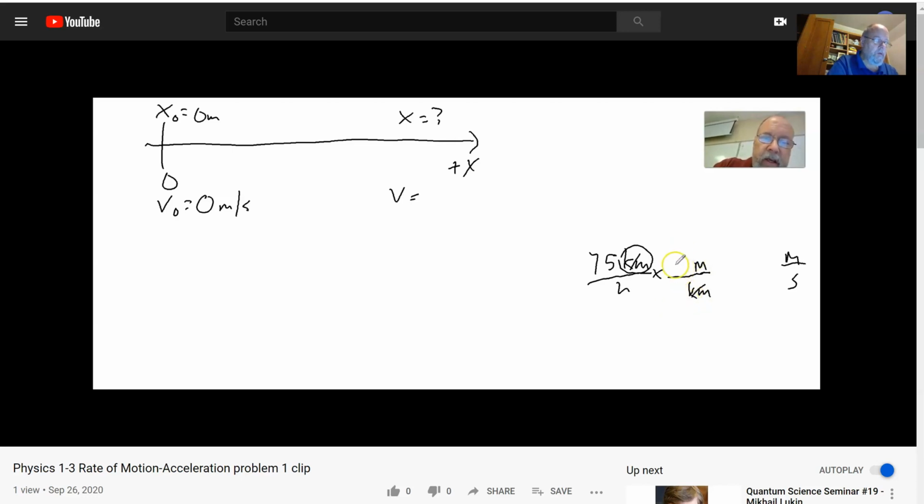So I can say 1 kilometer is 1,000 meters. Then I want to get rid of hours, so I'm going to put hours on top here, so that'll cancel out. So I just put it on the opposite side, and then on the other side I want the unit that I want, so I'm going to put in seconds.